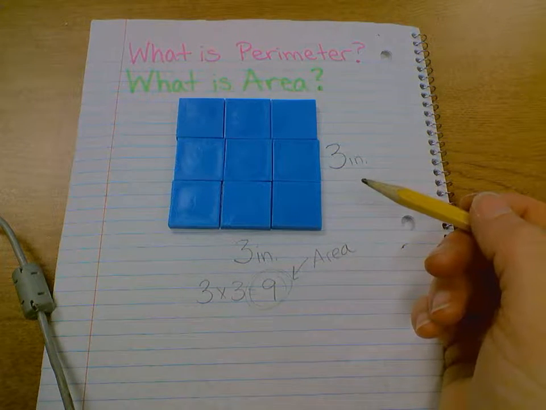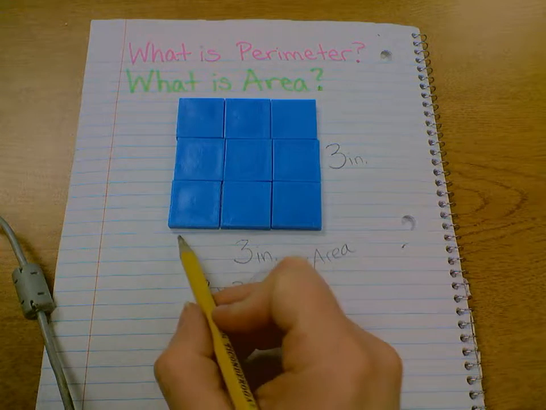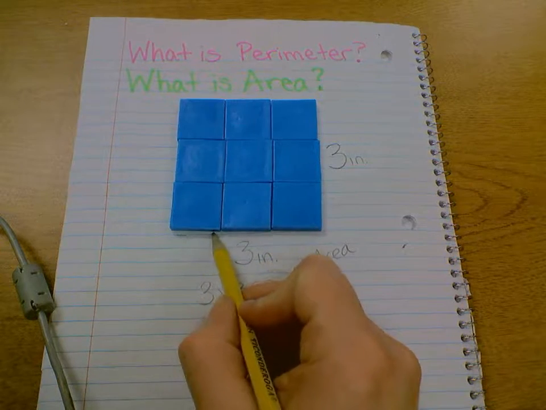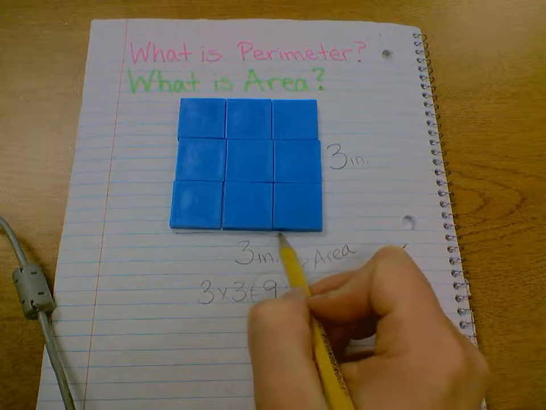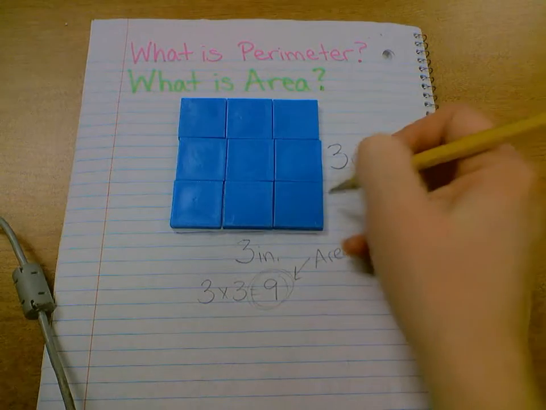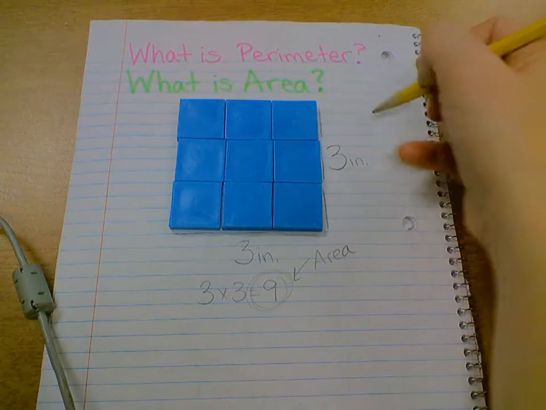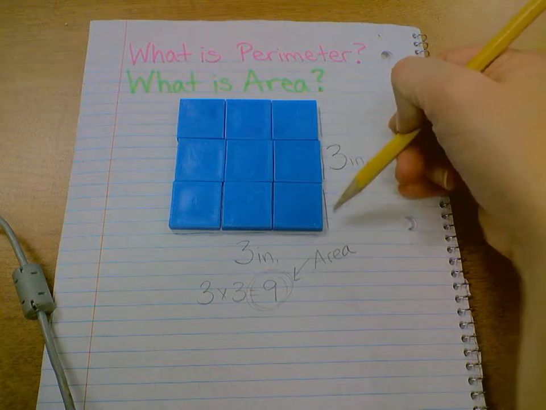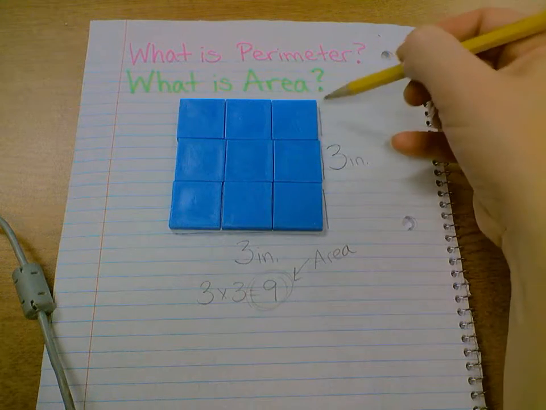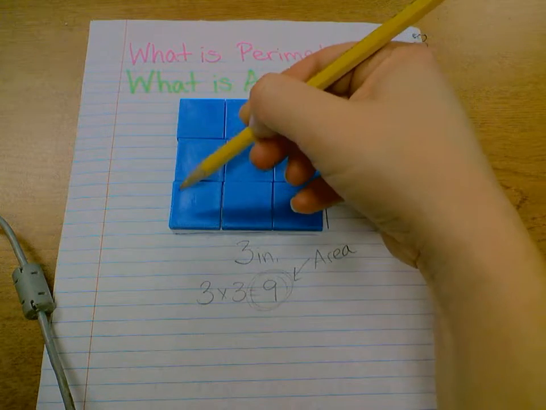Now, let's see if we can find the perimeter. The perimeter is, I'm going to just take one side, all the outside here. Okay, 1, 2, 3, and count them up. 4, 5, 6. As you can see, I took 3, 3, but I also need to do the top and the other side as well.